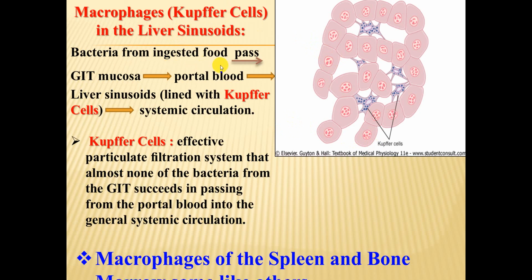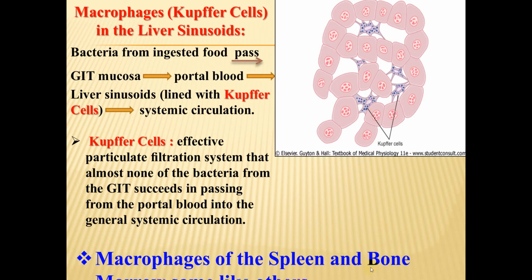Bacteria from ingested food, which is very rich with bacteria, pass through the GIT mucosa then reach the portal blood. From there it enters the liver sinusoids, where the Kupffer cells, which are tissue macrophages, are present. They also destroy the invaders, which are the bacteria, and clean the blood as much as possible from these foreign bodies.